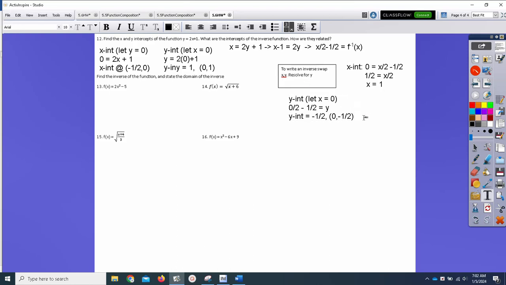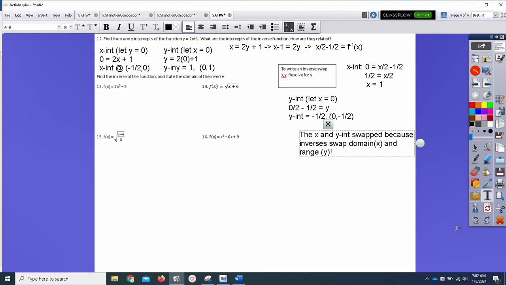They swapped places. Why did they swap places? The x and y intercepts swapped because inverses swap domain, which we generally consider to be x, and range, which we consider to be y. That's why that happened. It will always happen. That's how it works.